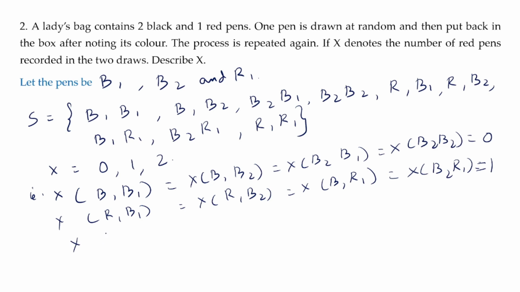Then when the outcome is both red pens, the value which X takes is 2. So this is how we can describe X. The various values which X takes are 0, 1 and 2.